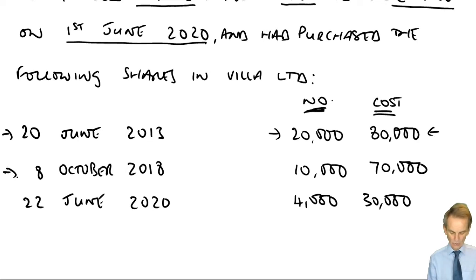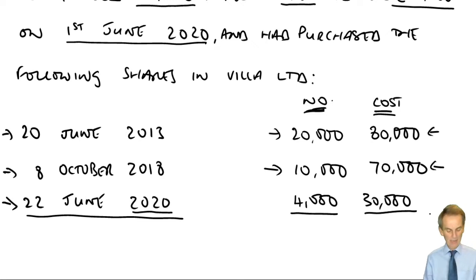On the 8th of October 2018, we added to that shareholding another 10,000 shares at a cost of £70,000. Then on the 22nd of June 2020 we bought a further 4,000 shares at a cost of £30,000.